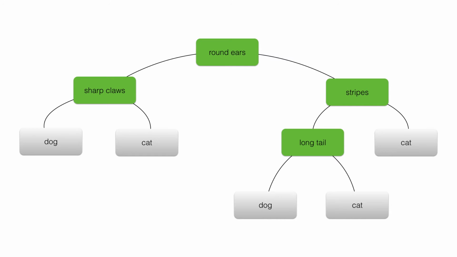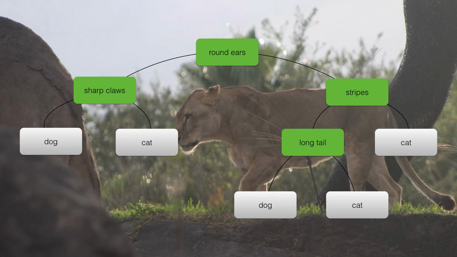So for example, we could consider this as the input. We see an image, or perhaps it's some description of this lion, and the first node is going to check the feature round ears. It's going to ask, in this example, does the animal in the image have round ears? In looking at the image, it's not really clear, but I would argue that this lioness does have round ears.